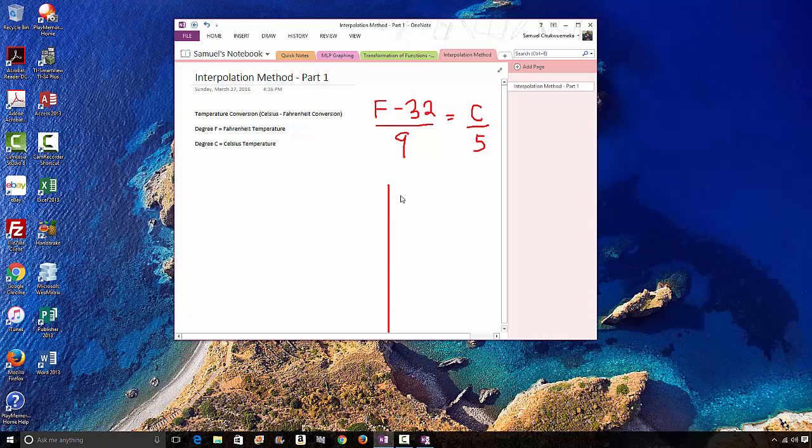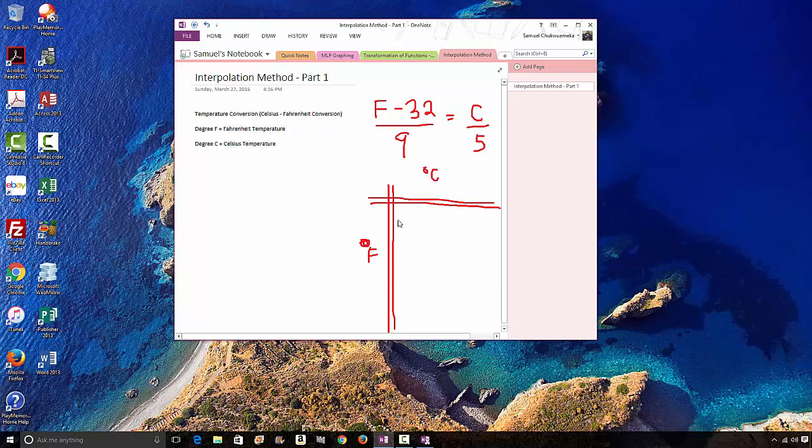I'm gonna use double lines to kind of demarcate what I'm talking about. So let's say maybe here you have the Celsius, and maybe here you have the Fahrenheit. Something like a chart, degree Celsius and degree Fahrenheit.